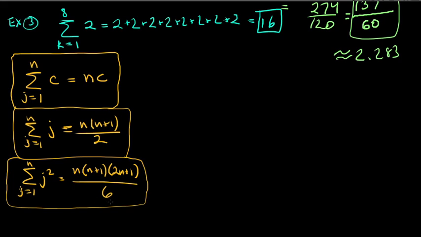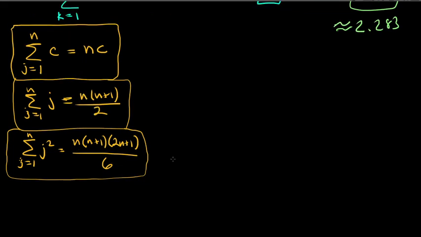Coming up with this is not an easy thing to do. So let's just accept it for its value here and use it later. Oh, so maybe we should write out what this is. This is going to be 1 squared plus 2 squared plus 3 squared plus 4 squared, and so on, up until you get to n squared. And if you want to add up the first n squares of the integers, you use this formula here.